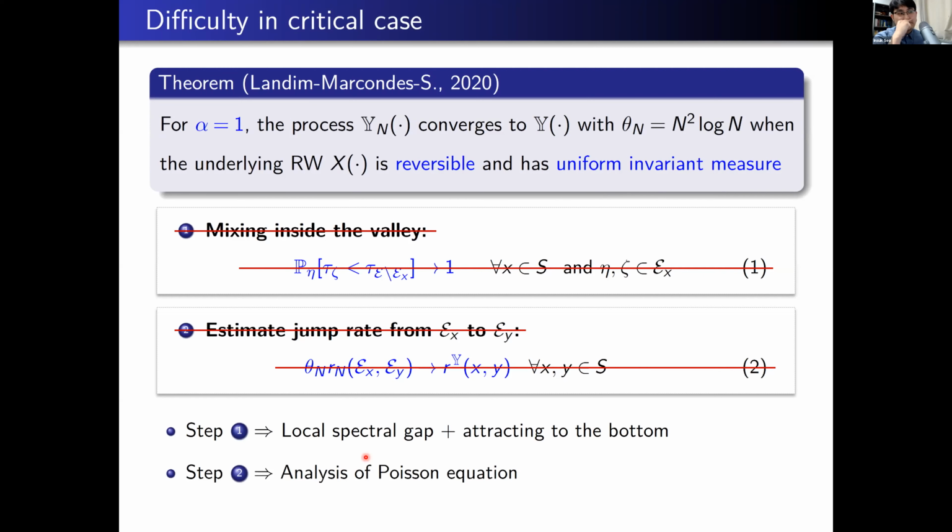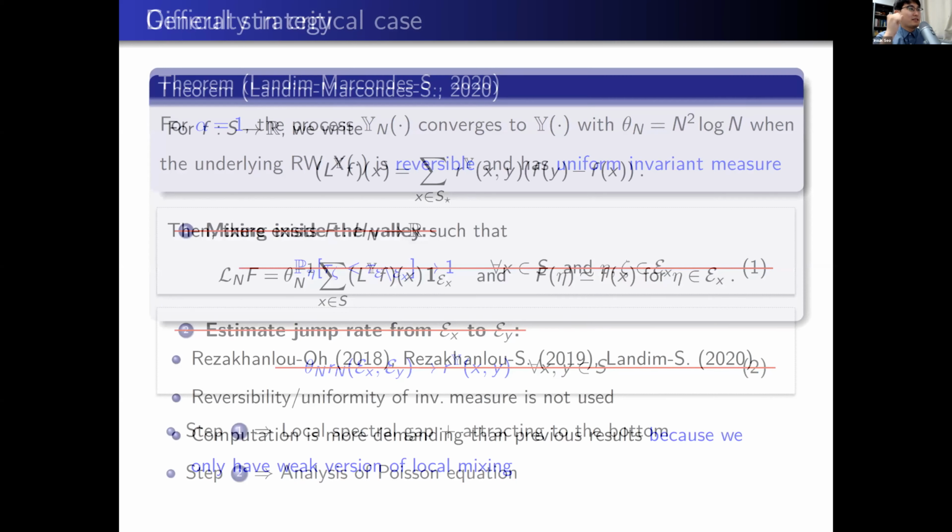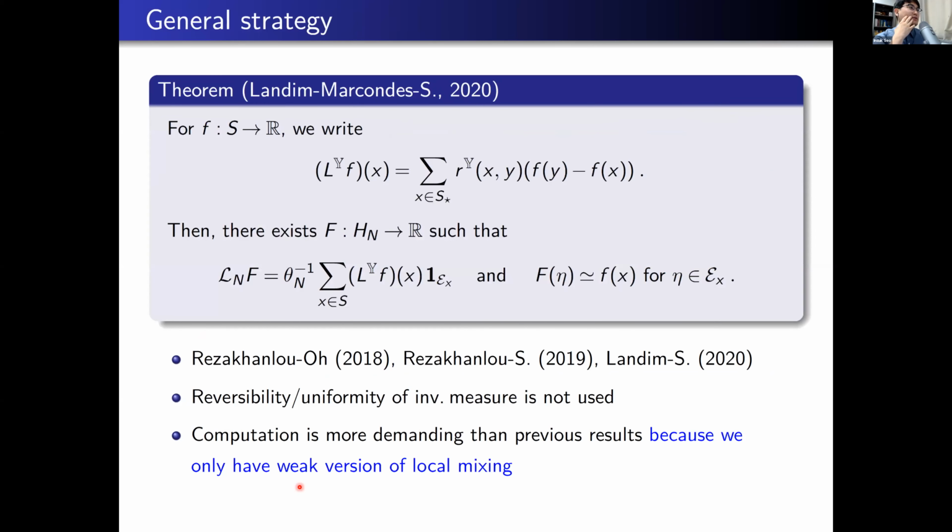So we successfully replace step 1 by these two ingredients. And now you have to replace step 2 as well, and it is replaced with analysis of path communication. Because of the limit of time, I decide not to go over the details, but I just want to explain the essence of this method. The essence is the following.